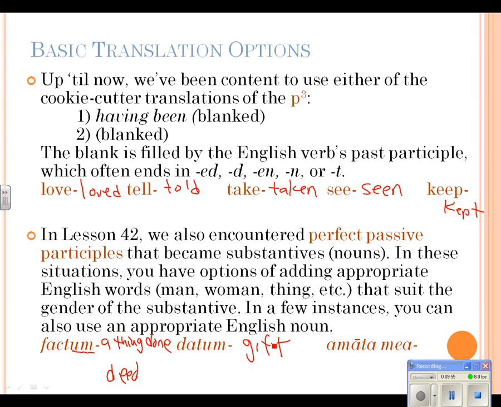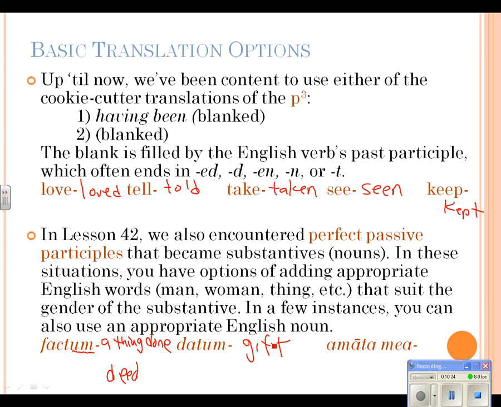Now what happens when amata mea shows up, and I use amata as a substantive? It can be my love, or what if we stretched for a bit more of a participial form in English? My love is not wrong, but I'm looking for something a little more participial than dear.